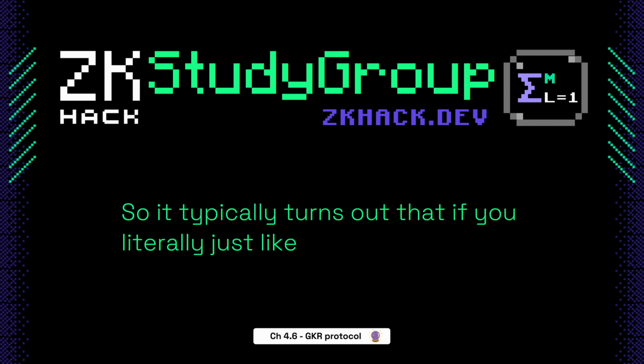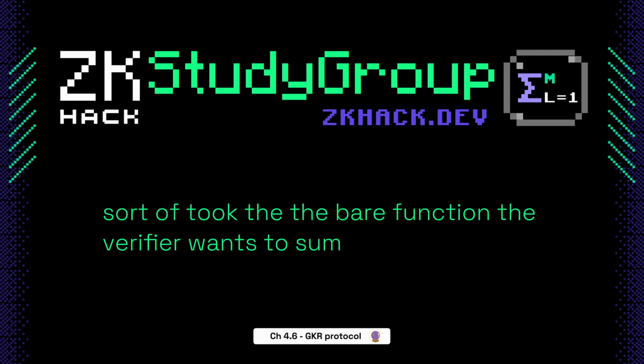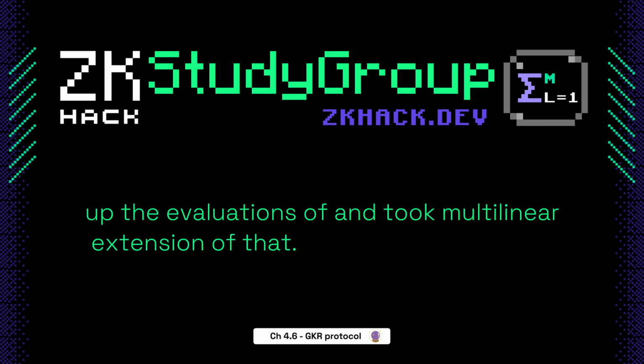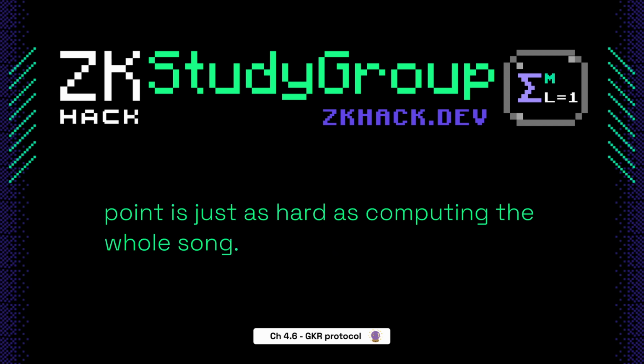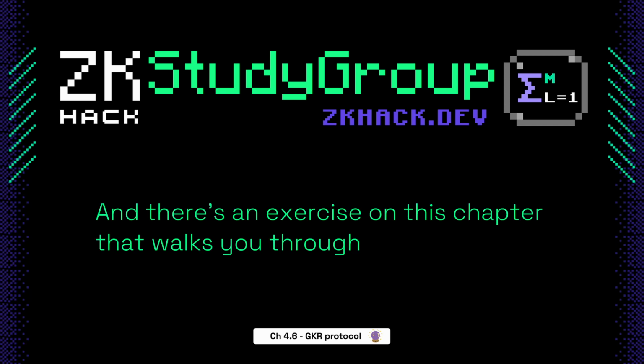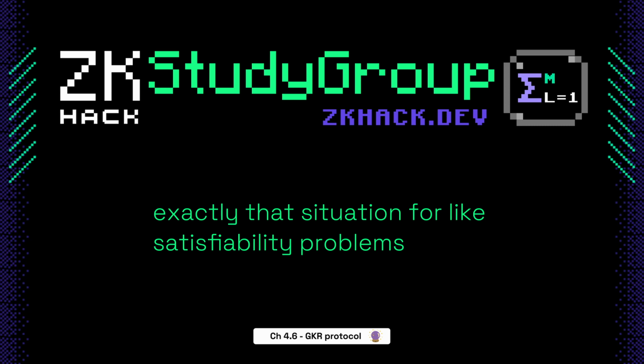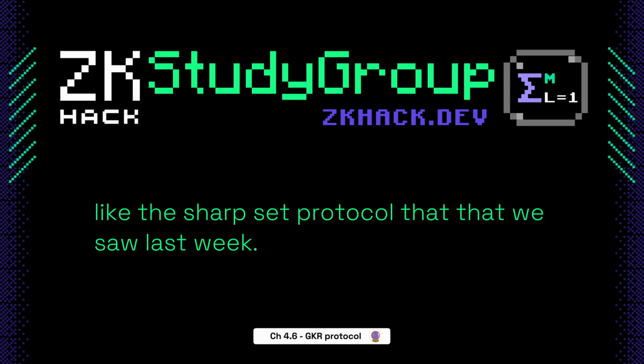Typically, if you literally took the bare function the verifier wants to sum up the evaluations of and took the multilinear extension of that, often evaluating that multilinear extension at a single point is just as hard as computing the whole sum. And there's an exercise in this chapter that walks you through exactly that situation for satisfiability problems, like the sharp-SAT protocol that we saw last week.